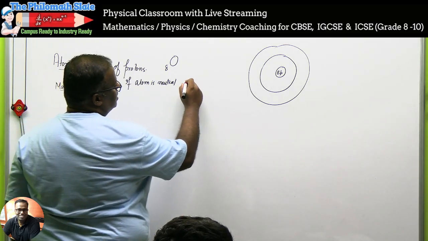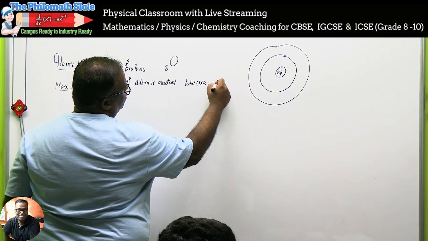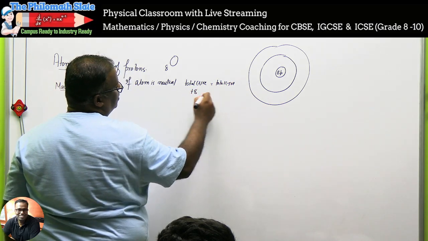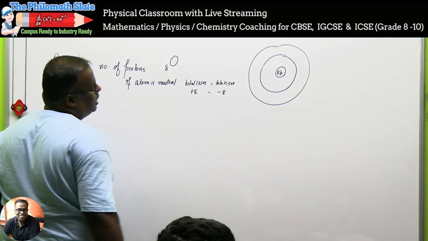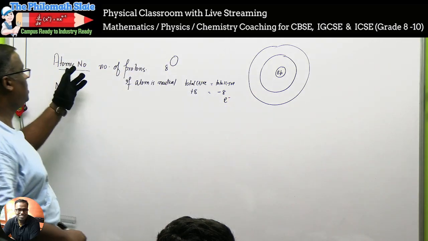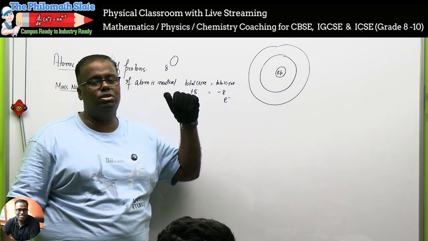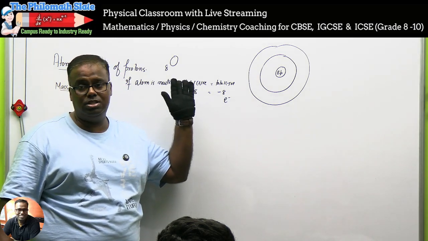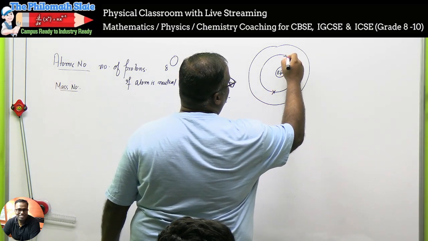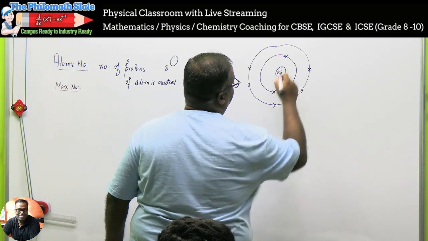In that case, the total positive charge should be equal to the total negative charge. That means you are having 8 positive charges, so you should have 8 negative charges, which are actually the electrons. So many people say atomic number is number of electrons. Atomic number is number of electrons only when the atom is neutral. Otherwise, the better definition is always the number of protons. And these 8 electrons are present as 2, 6.